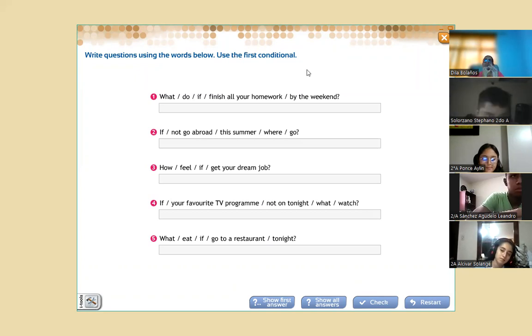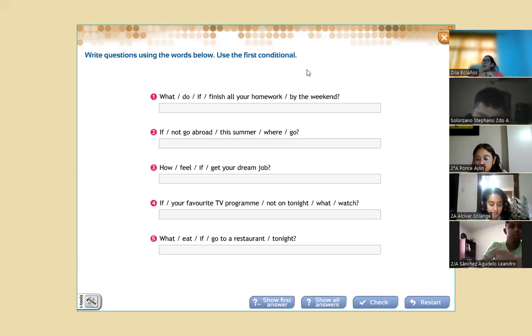The zero conditional is for facts or tested things, the first conditional for activities or actions that can be trusted or verified, and the second conditional is only predicting about something that would happen. And the third one is something that is impossible to happen. Using this, we are going to continue.